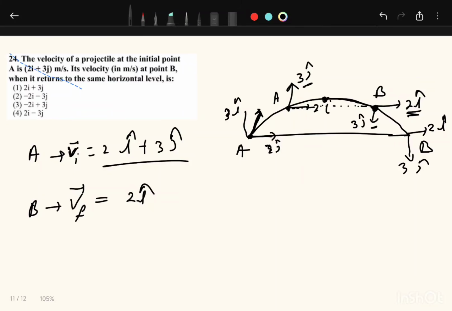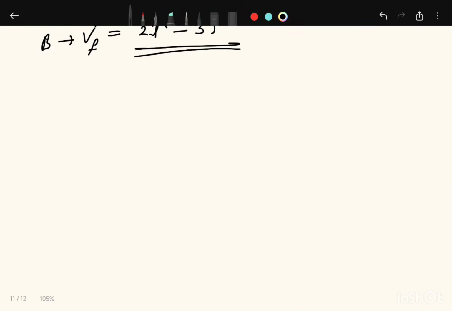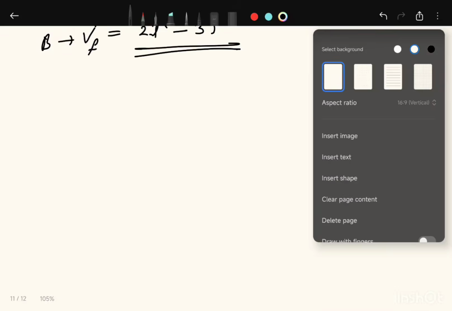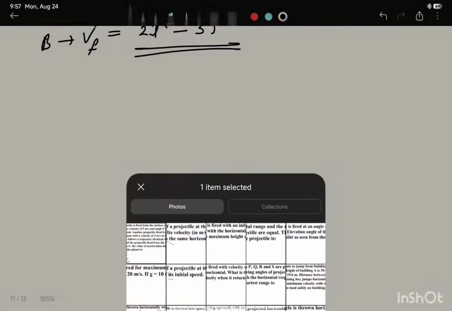So direction has been reversed. So its direction now will become minus y direction, that is minus j cap. So the velocity at point B will be 2i cap minus 3j cap. I hope you understood this question. So let me move to the next and final question.